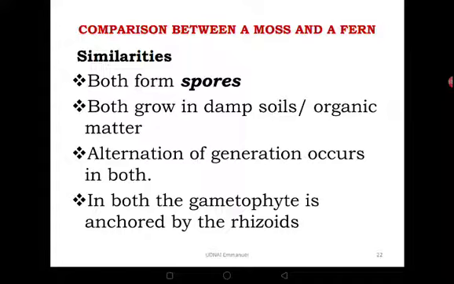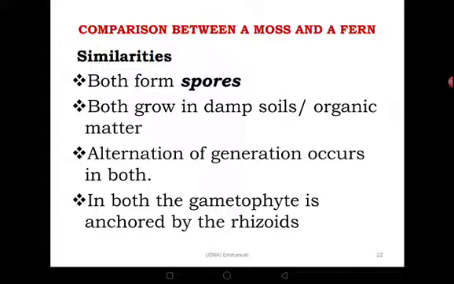Great. Let's compare the two plants, the fern and the moss. What have you seen that is similar in these two plants we have looked at, the mosses and the ferns? I have seen that both of them form spores. Is that true? Yes. And both of them grow in damp soils or in moist areas.